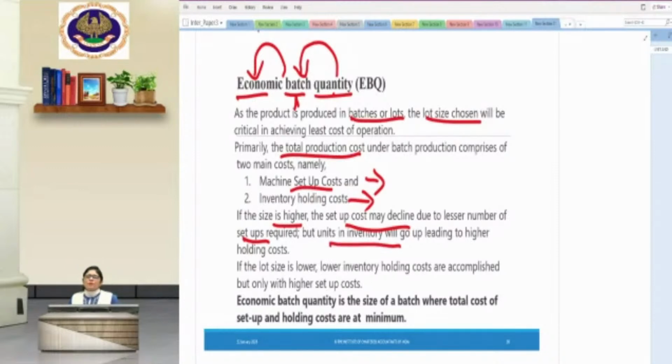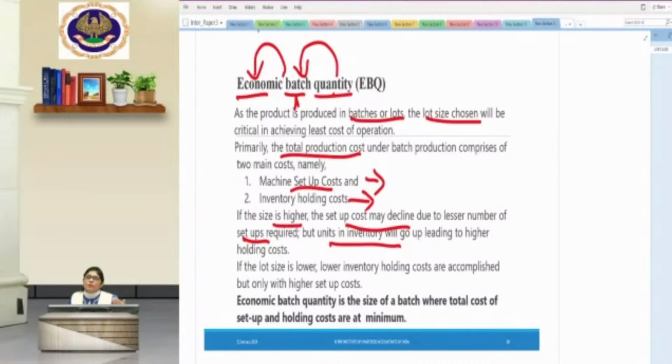So if I'm producing 1,000 units in one batch, the inventory holding cost will be high, because at one particular point of time, 1,000 units will be there in the stock to take care of. But if I'm producing, let us say, 500 units in one batch, there will be lesser inventory to take care of. So it's vice versa.